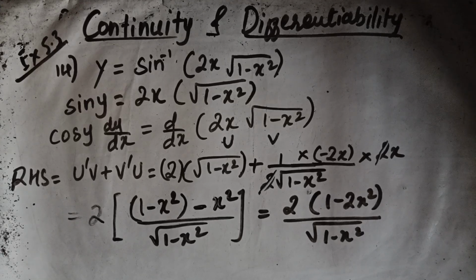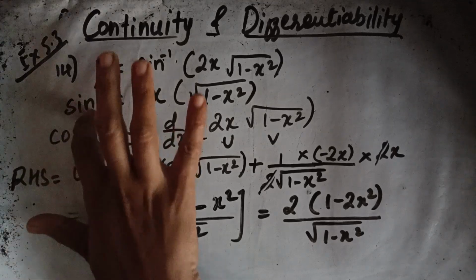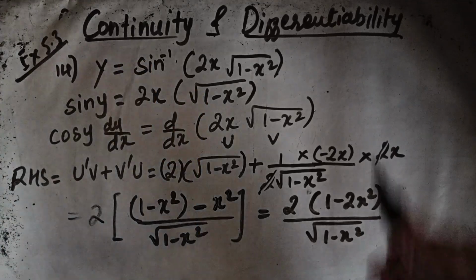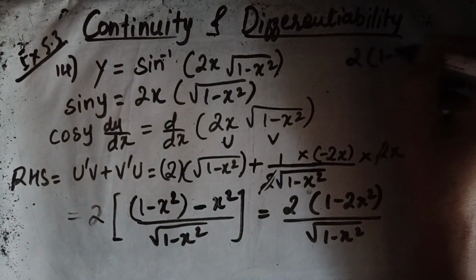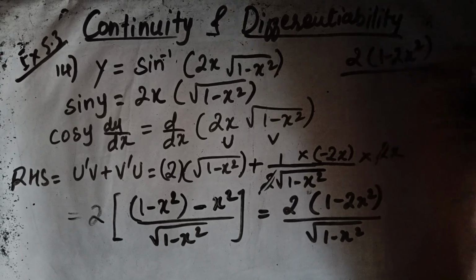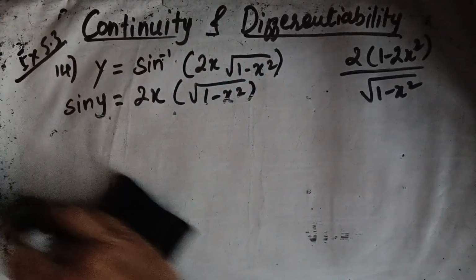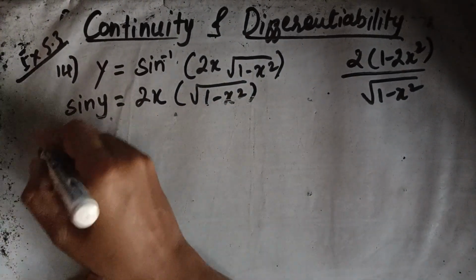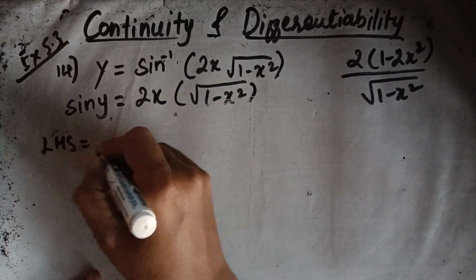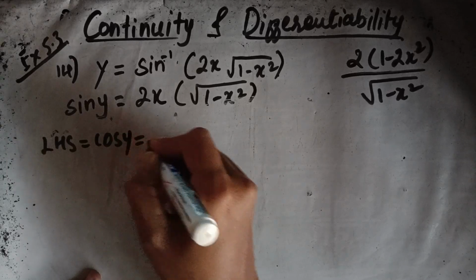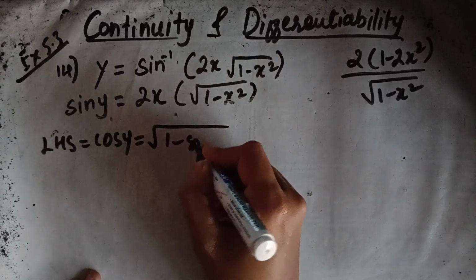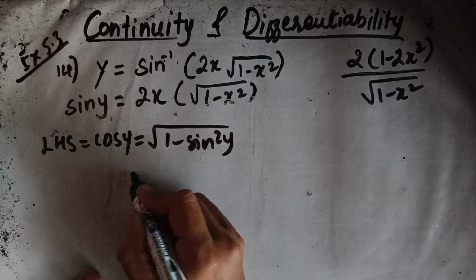Then you have to find cos of y, okay, in terms of sine. So I'll write this here. So LHS, cos y is root of 1 minus sine square y. Okay.